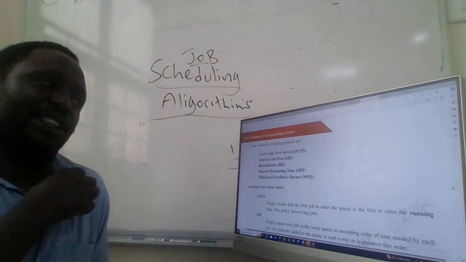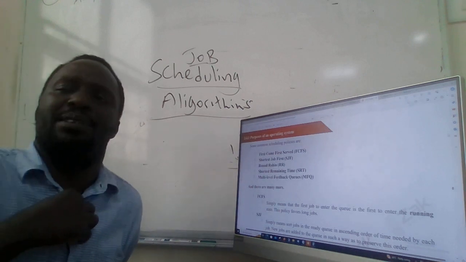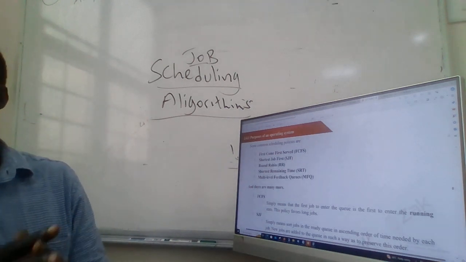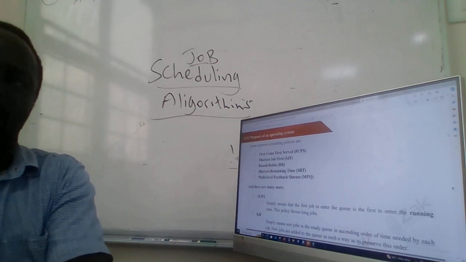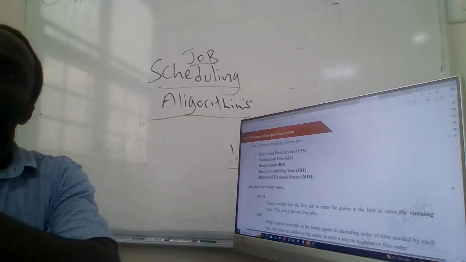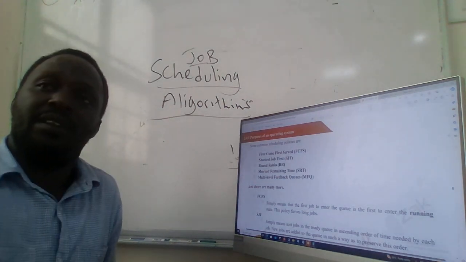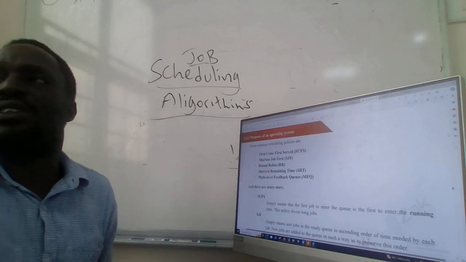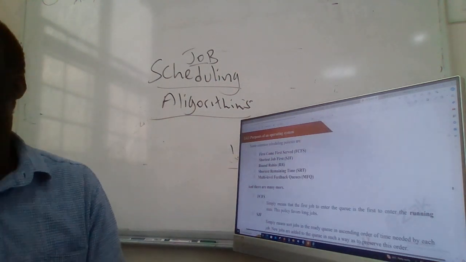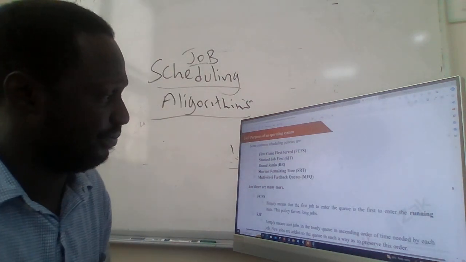Now, let's just pay attention. If you're using the first come, first served job scheduling algorithm, that means a task which is put in the ready state first is the one to use the processor first, before other jobs.